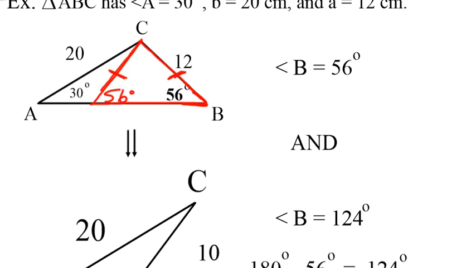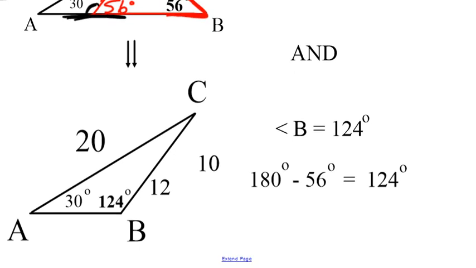So the trick is to remember that if you solve it the first way and get 56, what's this second new angle going to be? Well, if that's a 180 straight line, all we have to do is take 180 degrees, subtract the 56, and get 124.